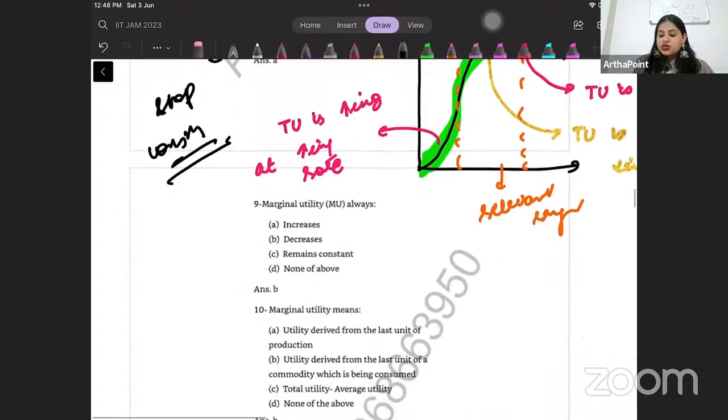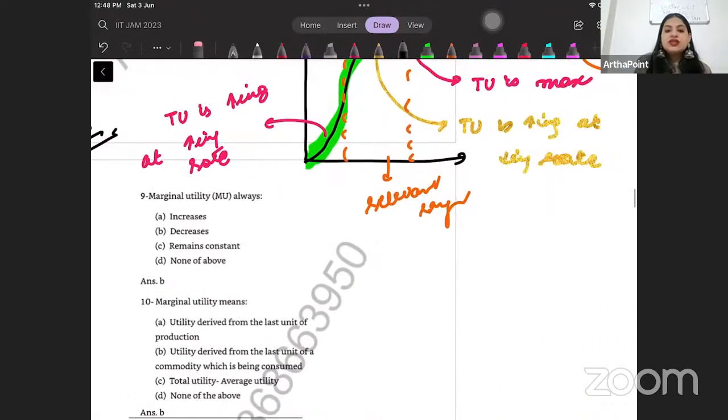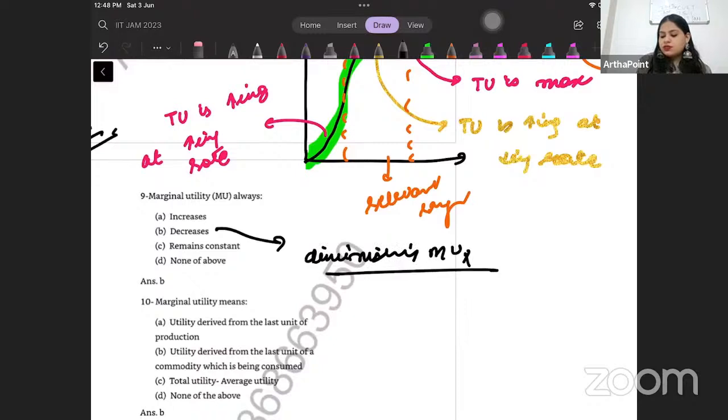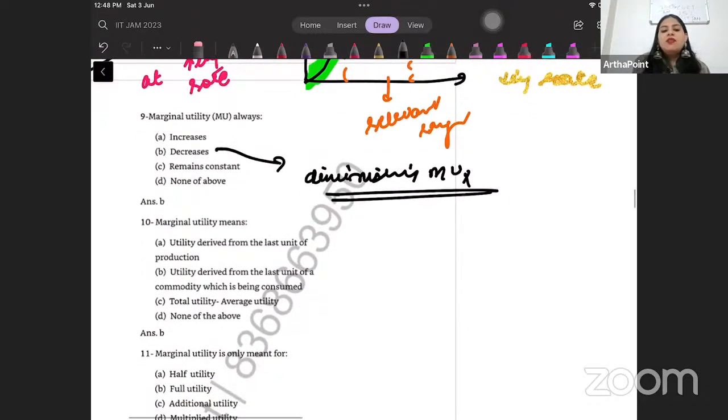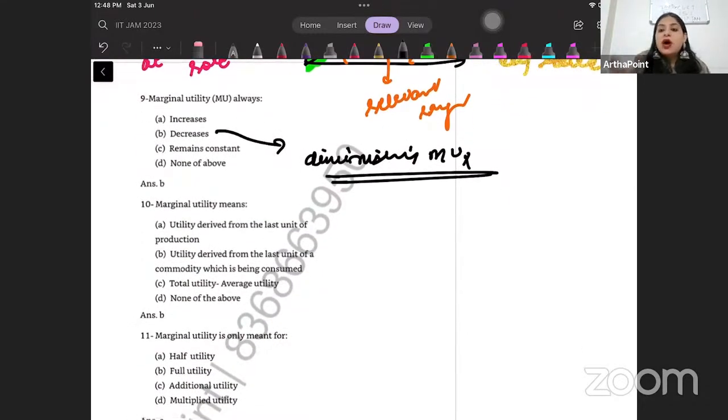ओके, कम टू द नेक्स्ट क्वेश्चन. मार्जिनल यूटिलिटी ऑलवेज डिक्रीजेस. Yes, we always know the concept of diminishing marginal utility. And marginal utility means, बेटा क्या होती है मार्जिनल यूटिलिटी? अलग अलग डेफिनेशन है, you should know all of them. तो लिख लो, मार्जिनल यूटिलिटी को हम total utility of n units minus total utility of n minus 1 units भी बोल सकते हैं, right?